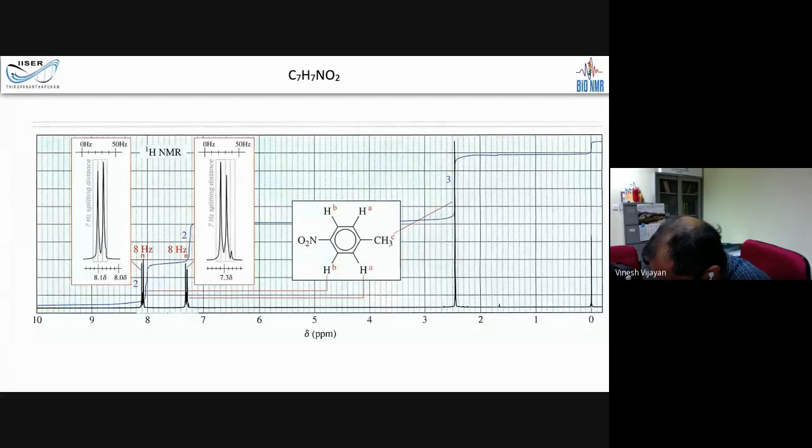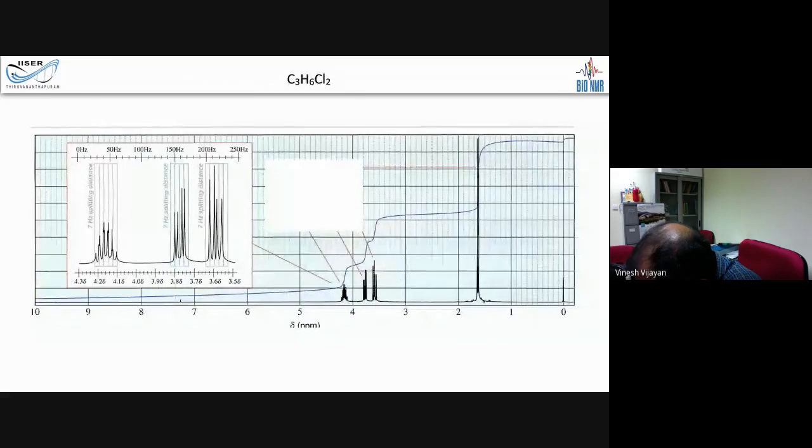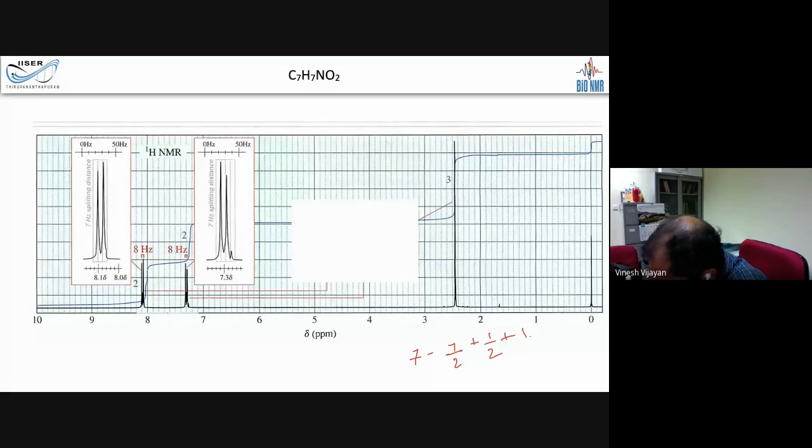So if you do the unsaturation, the number of rings plus the pi bonds, we see that it is 7 by 2 plus 1 by 2 plus 1, so this is 7 minus 4 plus 1.